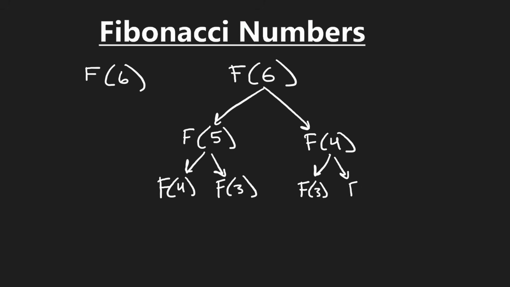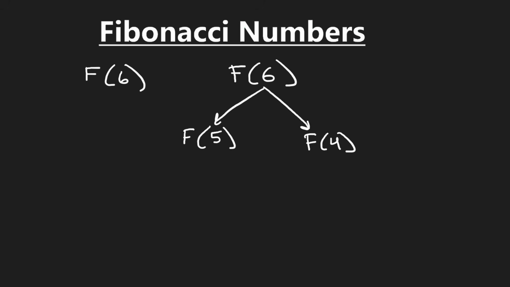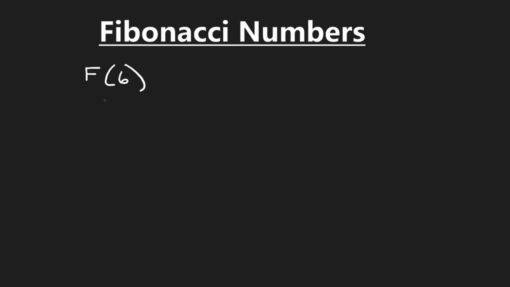So that leads us to go in a different direction with dynamic programming. If we want to compute the 6th Fibonacci number, we can just go ahead and compute the 5th Fibonacci number, right? And as we are computing the 5th Fibonacci number, the 5th Fibonacci number wants to compute the 4th Fibonacci number, right? So we're going to keep going like this.